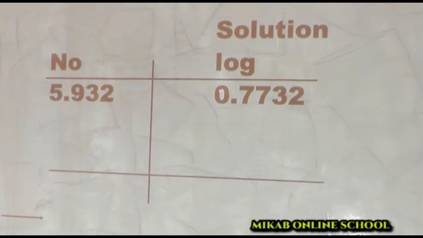From our previous classes, we discussed how we get these characteristics, from the digits we have here. We'll have 0 because what we have here is 1 digit, and when we subtract 1 from that one digit, we have 0. So 0.7732 is the logarithm of 5.932.